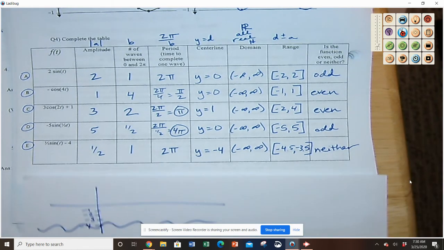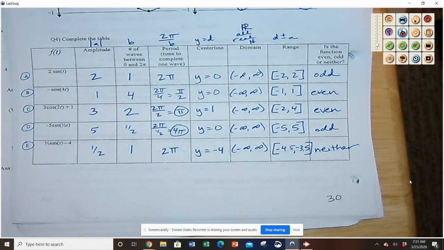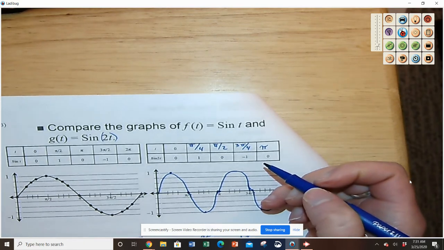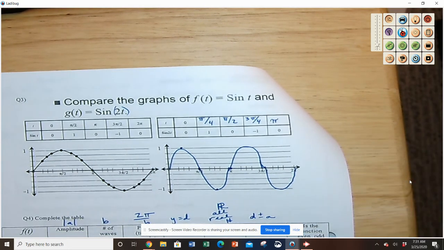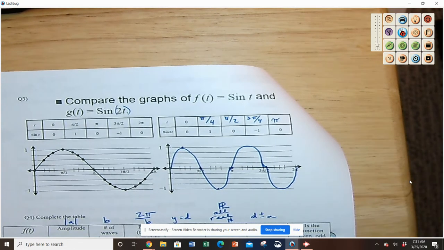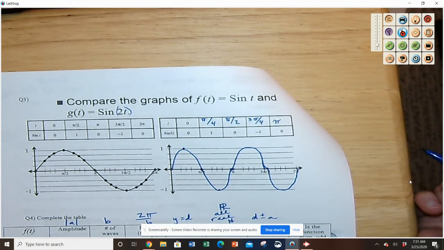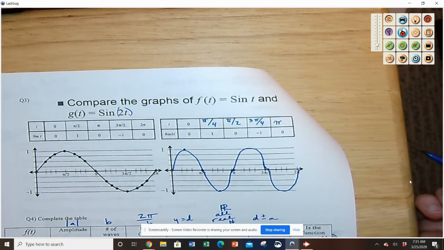Okay. The other things I just wanted to mention to you as you look at these graphs, and I'm going to go up to question 3, is we have all this old vocabulary from our polynomials. So you have increasing intervals and decreasing intervals that go on forever. They're infinite.